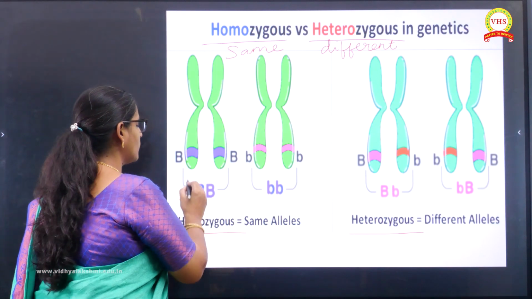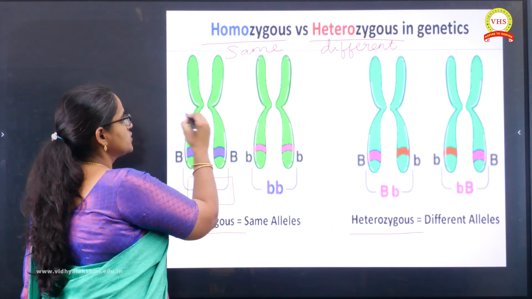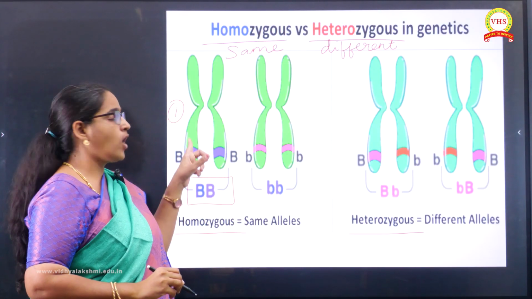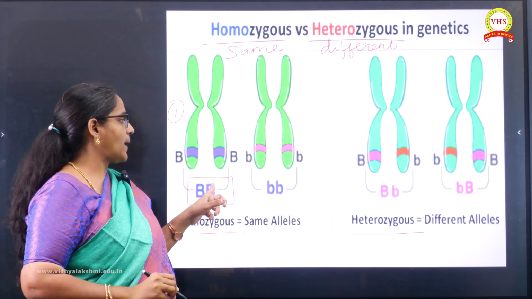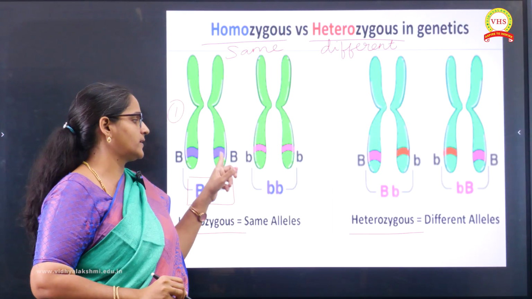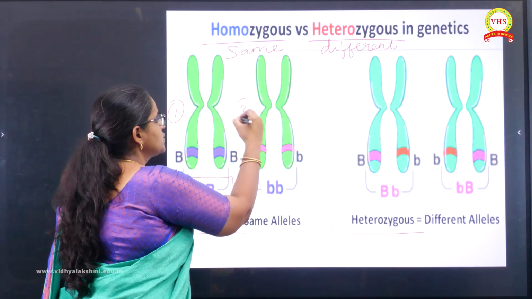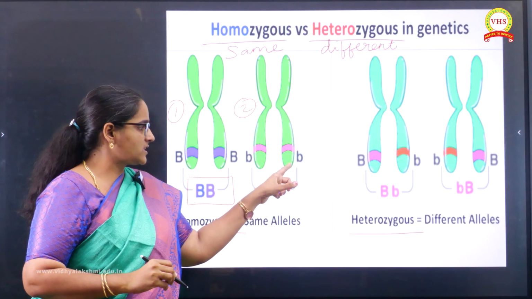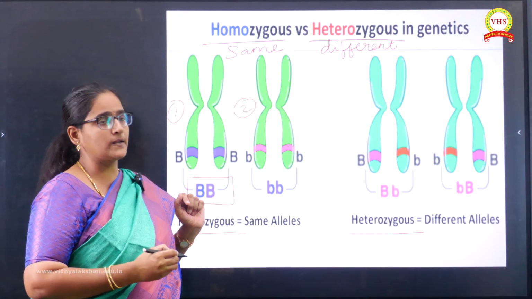Here, if you take chromosome number 1, it has capital B on one sister chromatid and another capital B on the other chromatid. If you take chromosome 2, small b allele is present on one chromatid and another small b is present on the other chromatid.